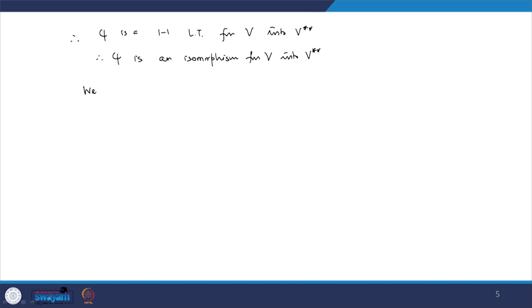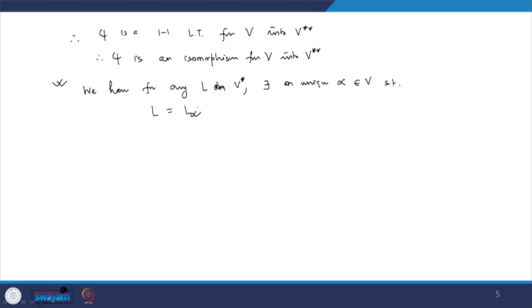See, so we have for any L in V double star, any linear functional on V star, there is a unique alpha belongs to V such that L equal to L alpha, because we have seen the 1 to 1 map between V and V double star.